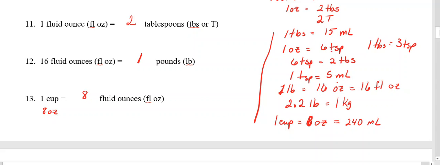Most of this has been liquid or dry, so we're talking about distance here. 12 inches equals 1 foot. 3 feet equals 1 yard. 1 inch equals 2.5 centimeters.